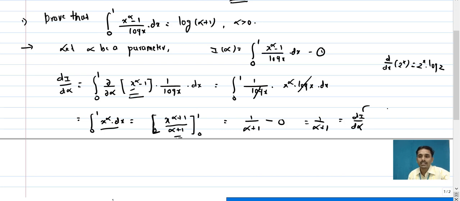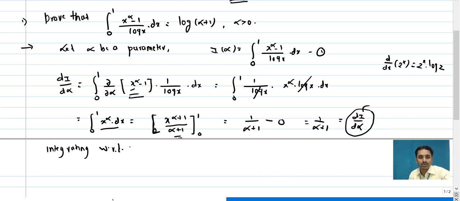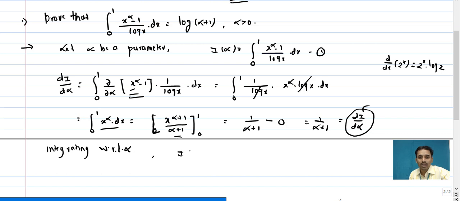Our intention is to get this I. So obviously we integrate. Now this derivative is with respect to alpha, so we need to integrate with respect to alpha to get I of alpha again. So it is the integral of 1 upon alpha plus 1 d alpha, which is log of alpha plus 1, because the derivative of the denominator is in the numerator, which is 1, plus c.